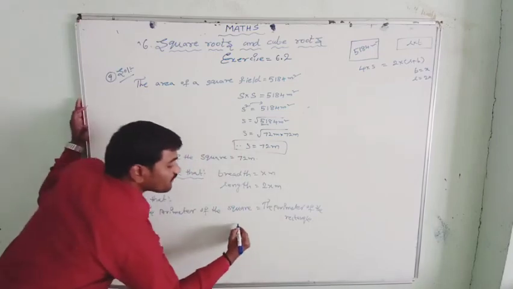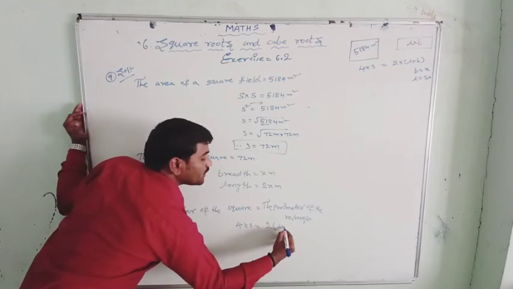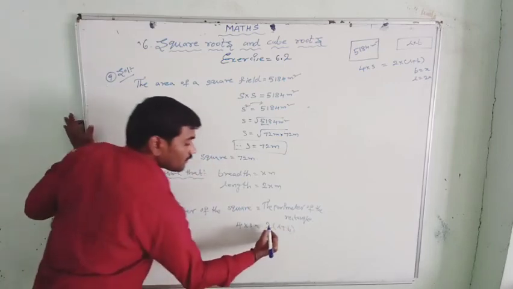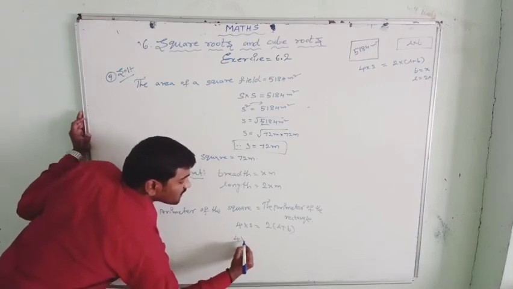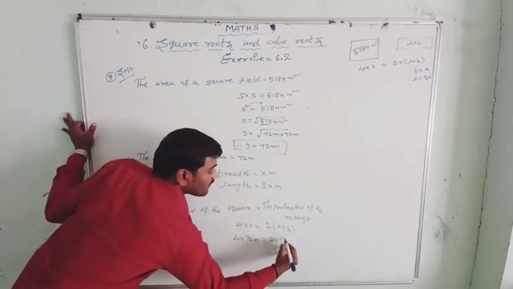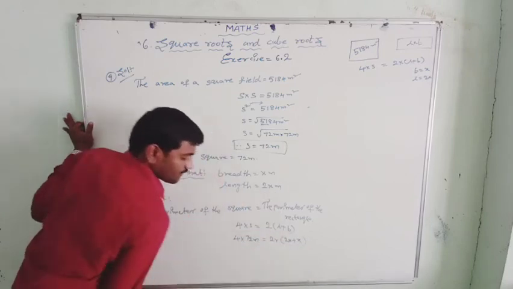The perimeter of the square formula is 4 into side, equal to the perimeter of the rectangle formula, 2 into L plus B. So here 4 into side, that is 72 meters, equals 2 into the L value, that is 2x, plus the B value, which is x.